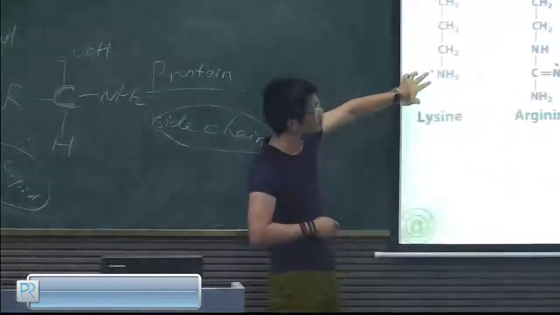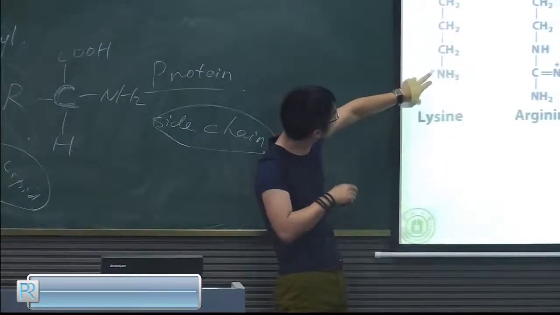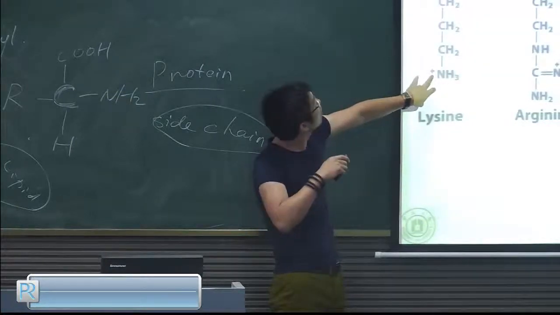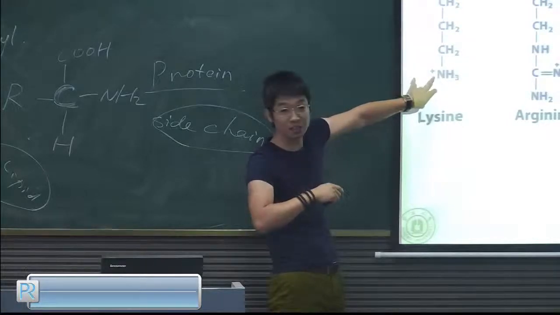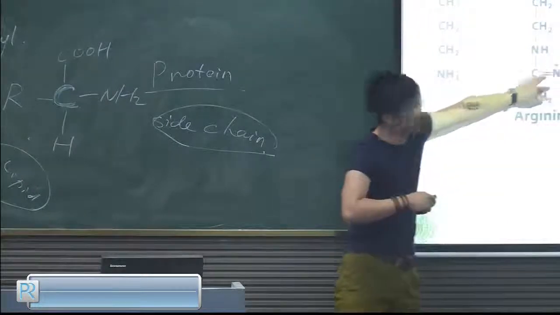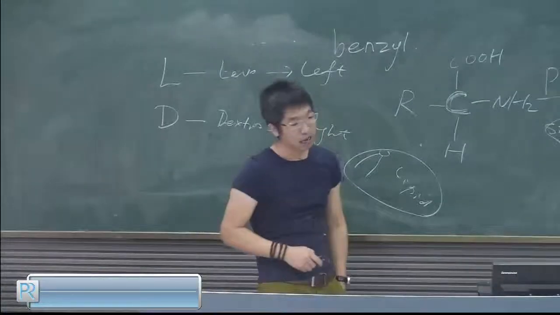You can see here, lysine is positively charged because in the side chain there is another amino group. Here, this amino group is a primary amino group, and here is the second, right? So this one is another positive charge. So here is a polar charged amino acid.